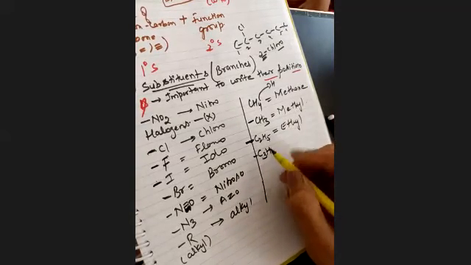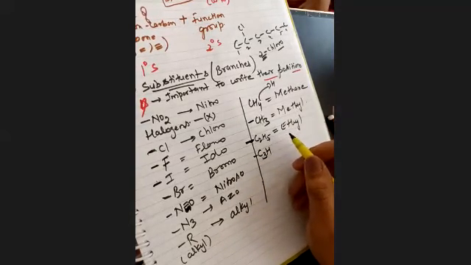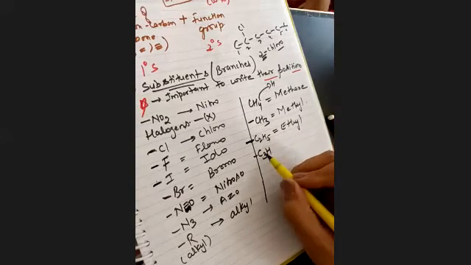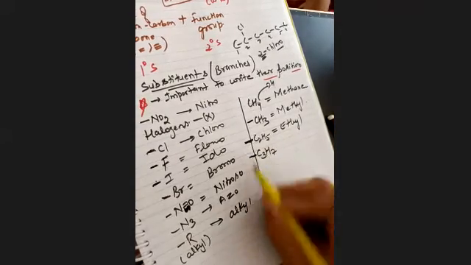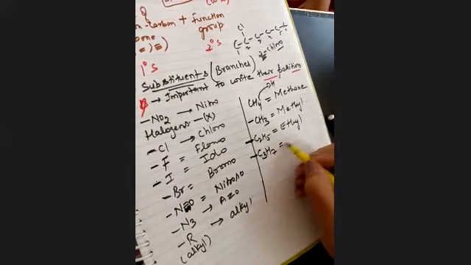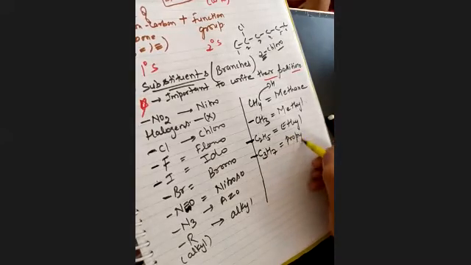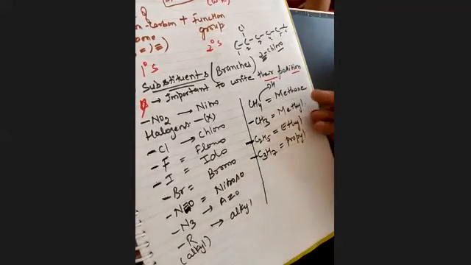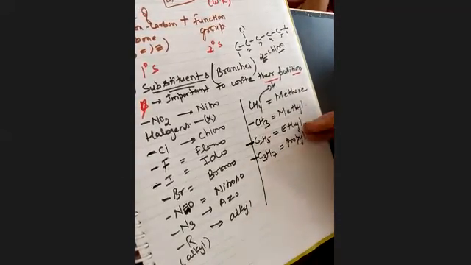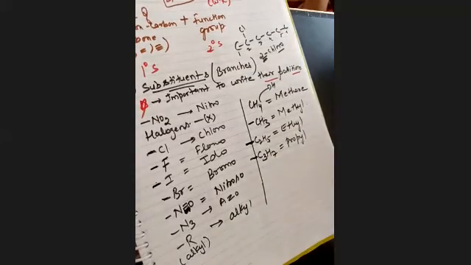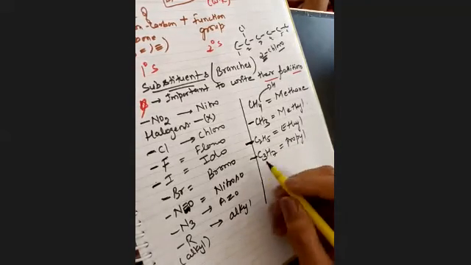C3H8 would be propane, but if you have C3H7 with a bond, that will be propyl. The same thing happens as we go down: methyl, ethyl, propyl, butyl, pentyl, hexyl, heptyl, octyl, nonyl and decyl. They don't go that far; usually up to propyl, pentyl or hexyl, not much beyond that. Okay.